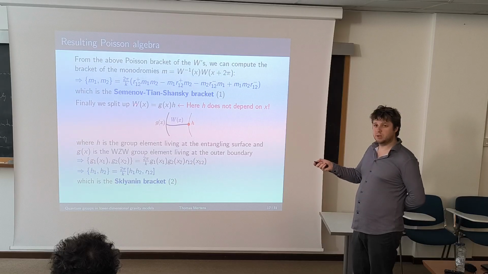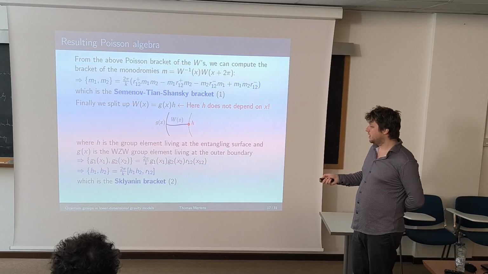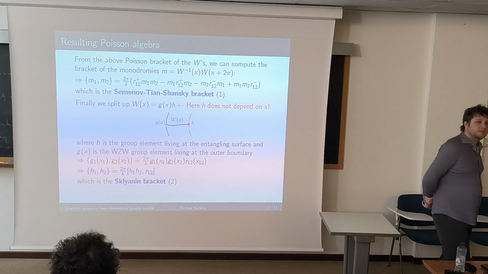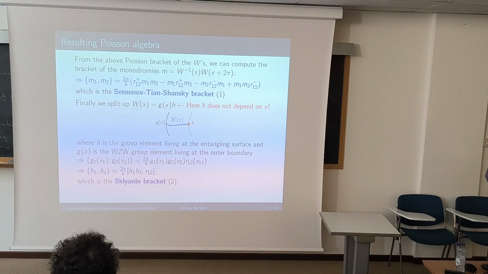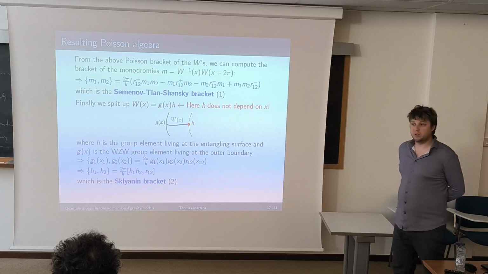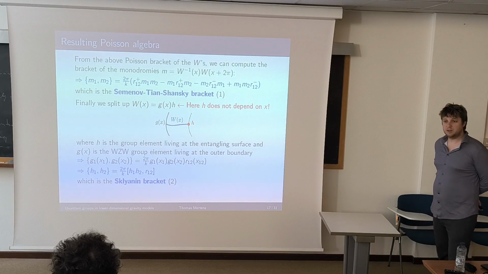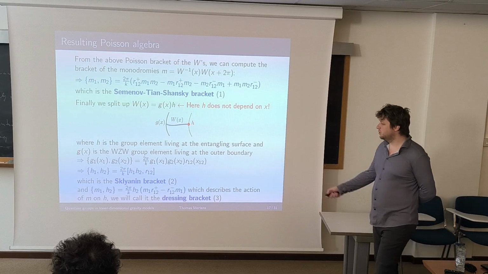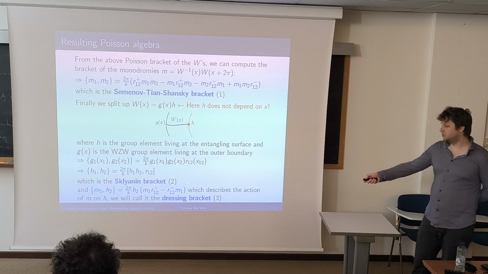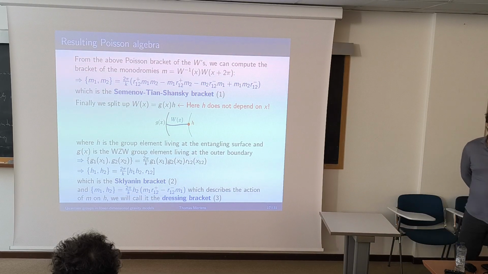And if I split my W in these two parts, then I can just get induced from that another bracket of this large gauge transformation at the entangling surface, the HH Poisson bracket. And this also is a well-known bracket in integrability. It's called the Sklyanin bracket. And then finally, you can see how the M and the H variables talk to each other, and you find again a non-trivial bracket from that.